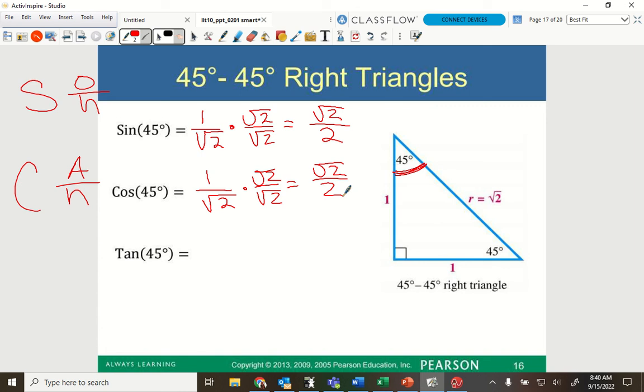And the last one, tangent, is opposite over adjacent.